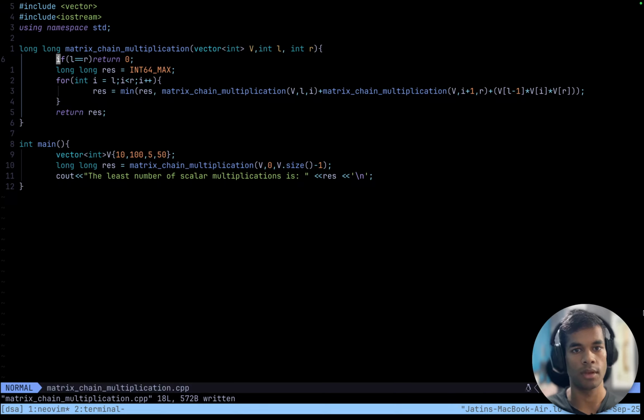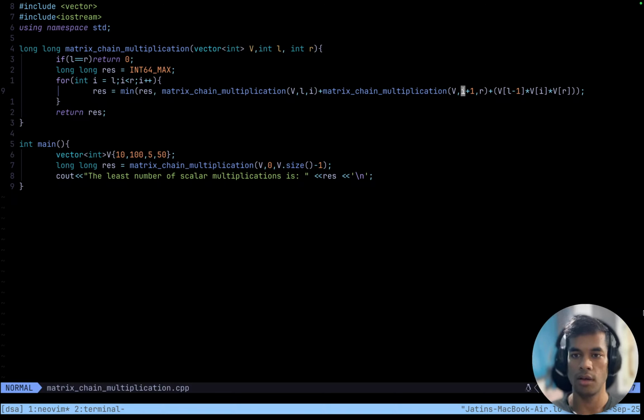Okay, we begin with L and R. Right, cool. L is included, R is not included. We call the function on this thing. L is 0 in the initial case and I is 0 in the initial case, cool. But in this case, we say I plus 1 and R is size minus 1. Okay.